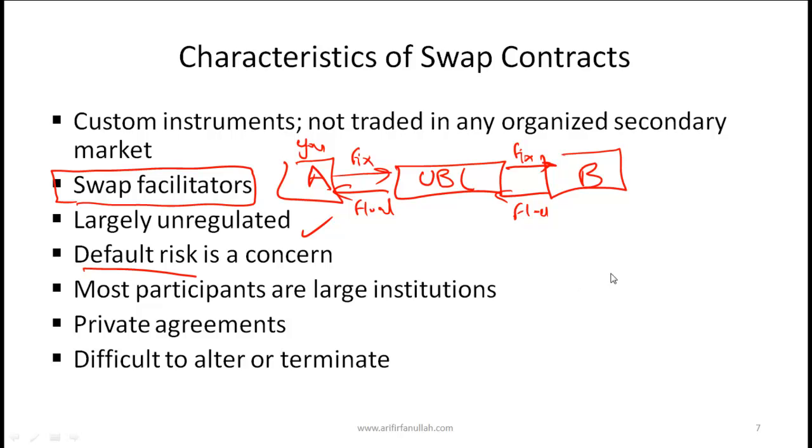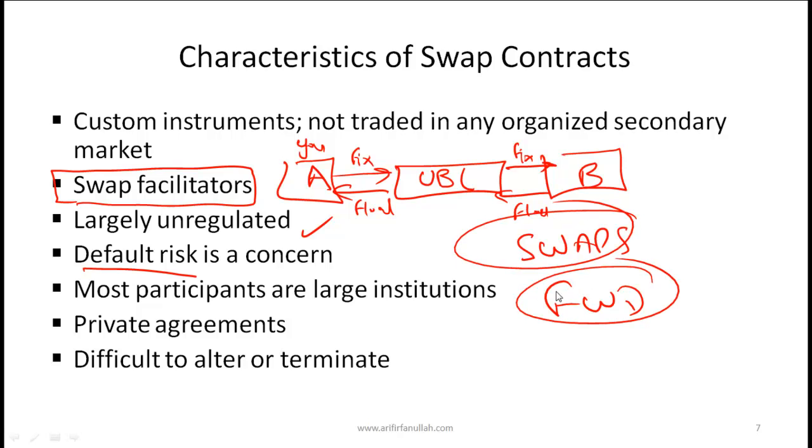So notice that swaps are like forward contracts. Very briefly, swaps and forward contracts are generally custom instruments, whereas options and futures are exchange traded. Swaps and forwards are generally over the counter.